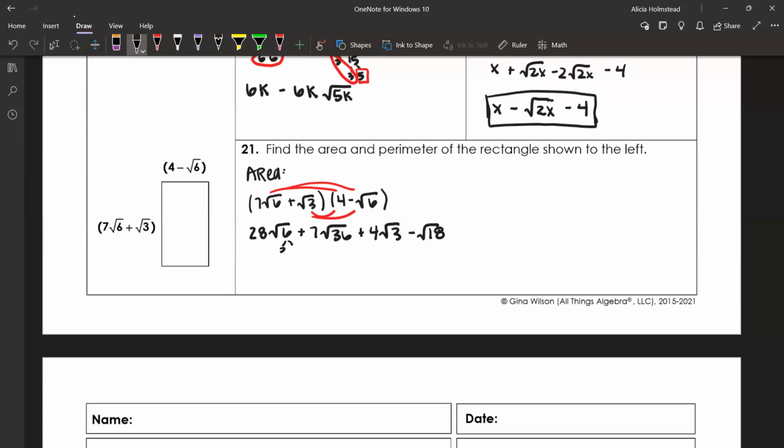Simplifying those, 6 is 3 and 2, so that doesn't break down. 36 is 6 and 6. So this will become 7 times 6 is 42 plus 4 square root 3, and then 18 is 9 and 2, which is 3 and 3. So we get negative 3 square root 2.